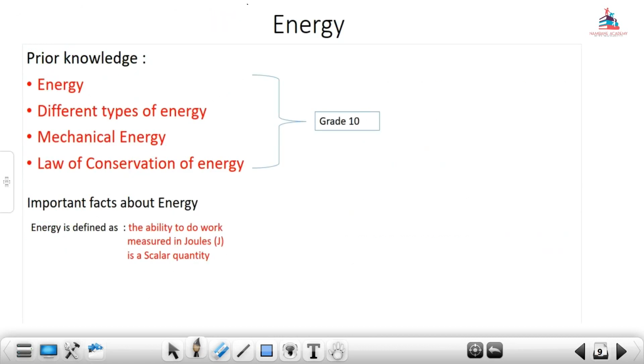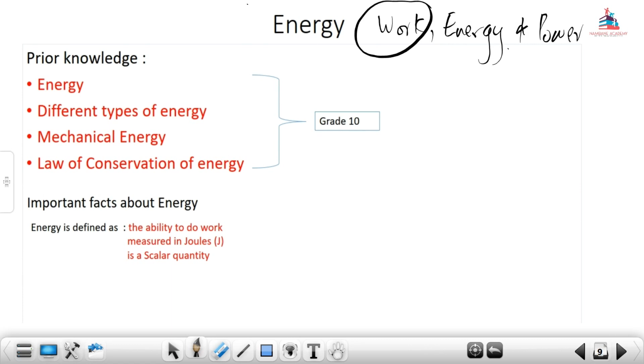But now remember, the topic is called work, energy, and power. So we explained the concept of work in detail. What we need to do now is further extend it to explain another concept, which is energy.